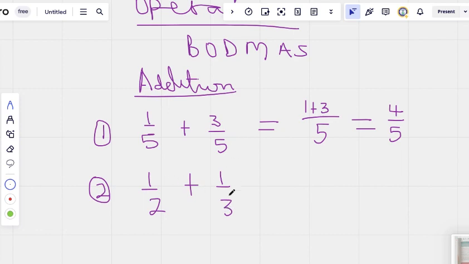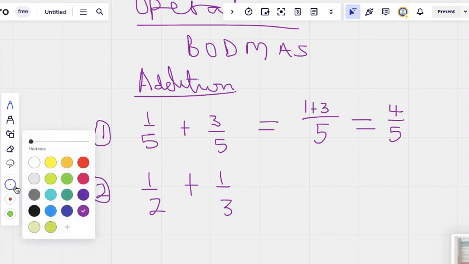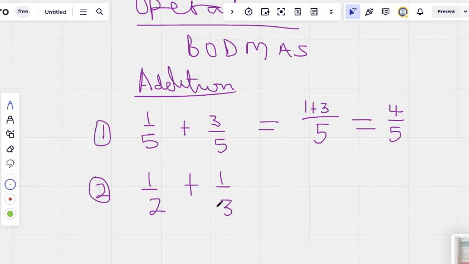Now, if you have this, you see the denominators are not the same. One way to do it is to multiply each fraction by the denominator of the other one. For this one, I will take the denominator 3 to multiply the whole of this, both top and bottom.